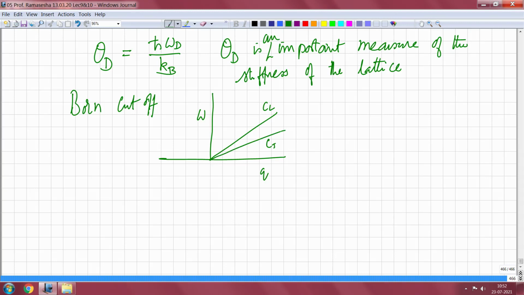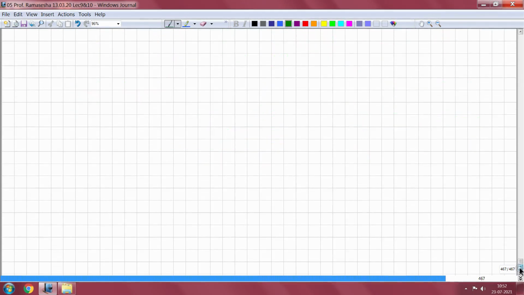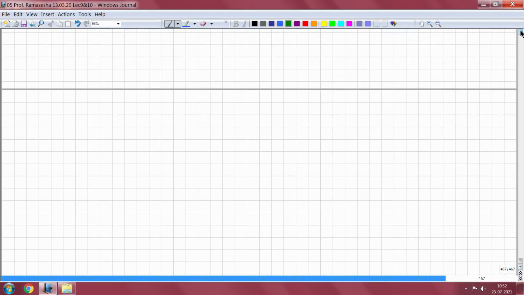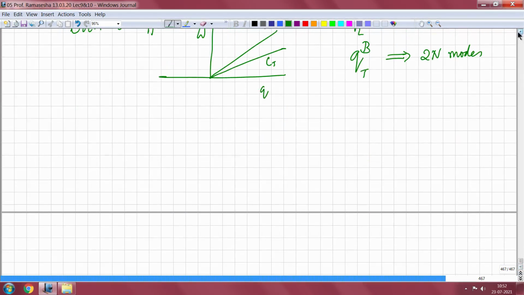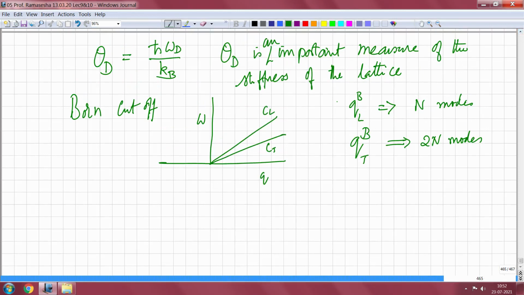Then you cut off the transverse and the longitudinal, so that the longitudinal Born cutoff was such that you had n modes, and the cutoff for transverse modes in the Born procedure was for 2n modes. It gave somewhat slightly better results, but it was not material really. But anyway, these were the two procedures, and I just wanted to give you this information because I wanted to define the Debye temperature, which is very important and appears in various contexts.